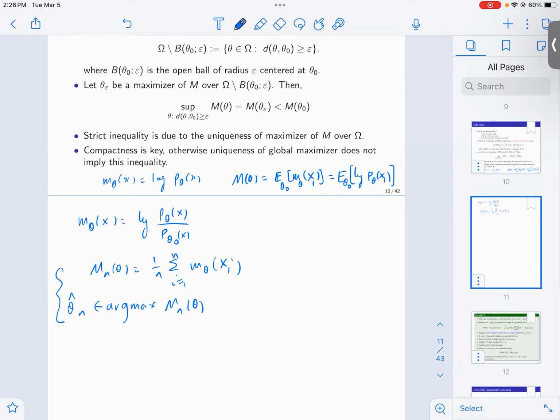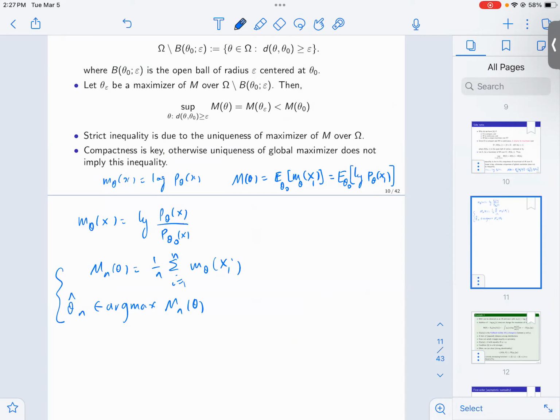I can't implement this in practice because I don't know theta naught. But the argmax would be the same as the MLE, because if I drop this term it will be a constant. If you just plug it in, we get the summation of log p theta of x minus a term which doesn't depend on theta. So the argmax is the same. For theoretical purposes, you can redefine it like that.